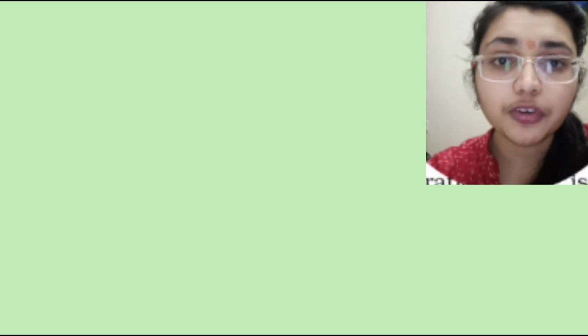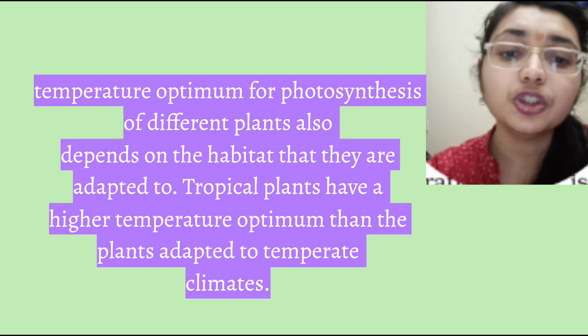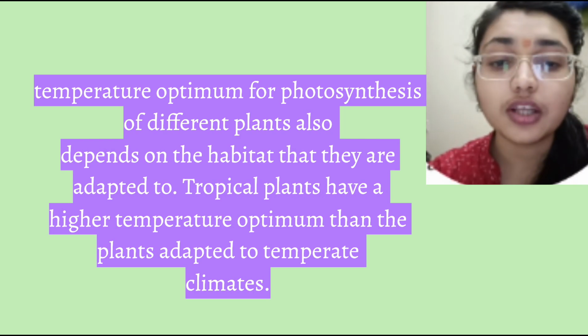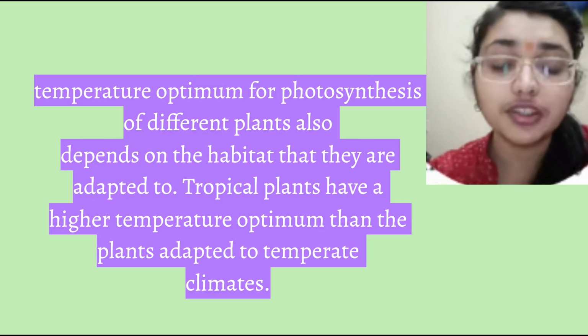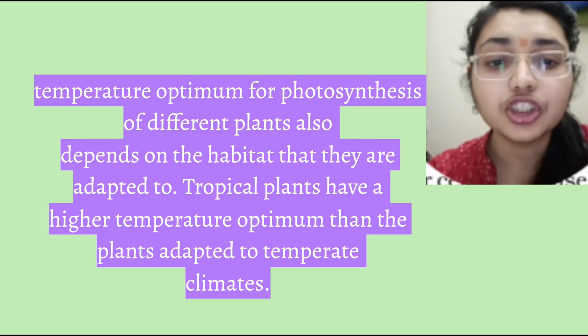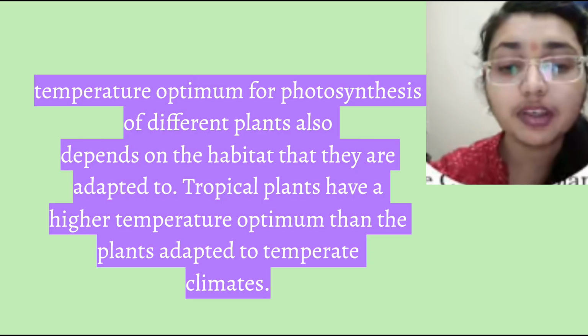So temperature is also one of the most important factors here. The temperature optimum for photosynthesis of different plants also depends on the habitat they are adapted to, like tropical plants have a high temperature optimum.